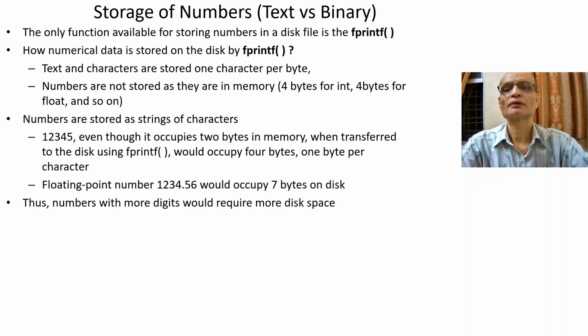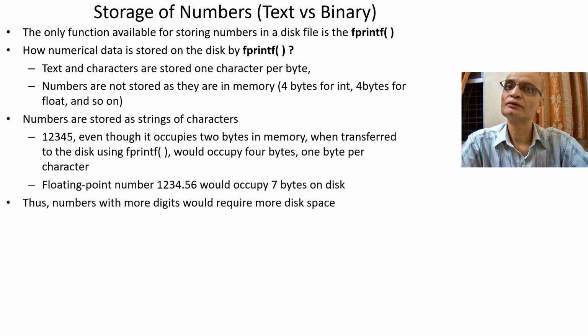So numbers are stored as a string of characters. That means 1, 2, 3, 4, 5. If I have a number 12345, then it will occupy say 2 bytes in memory, or at max it may occupy say 4 bytes. It depends on the data type you are trying to use.